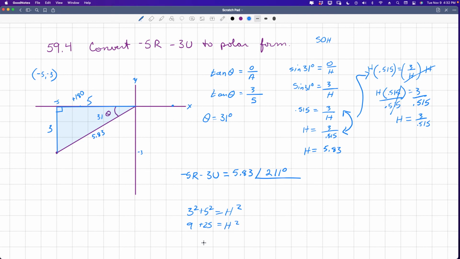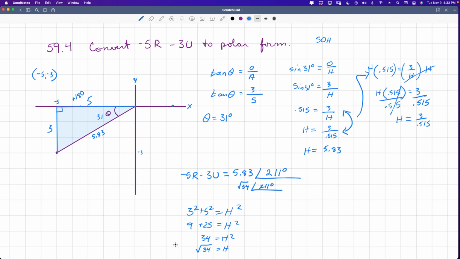So that would have been 34 equals h squared. We would have said the square root of 34 equals h. And so we would have written it like square root of 34, 211 degrees.